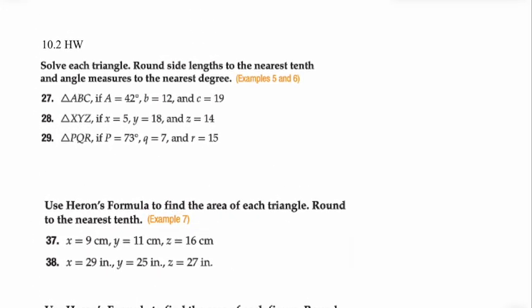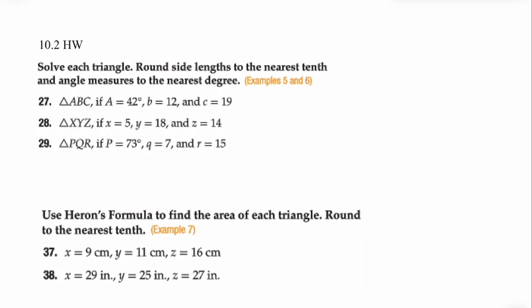Problems 27, 28, and 29 say to solve the triangle. Let's set up 27 just so we have it. Just make an arbitrary ABC triangle. It doesn't have to be to scale unless you want it to be. Angle A is 42 degrees. Side B is 12.